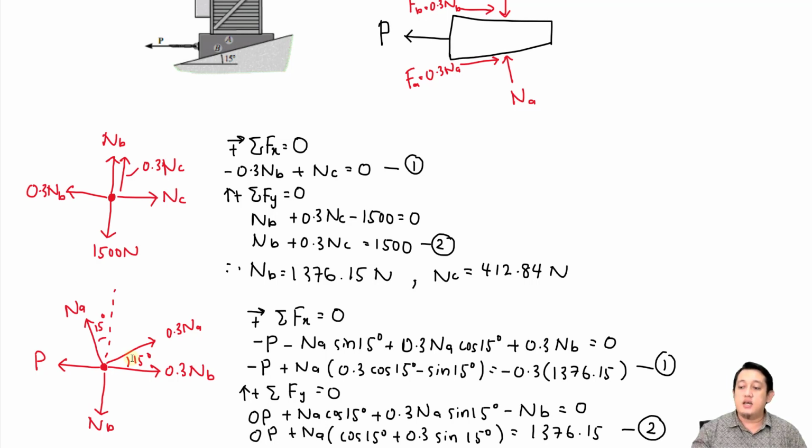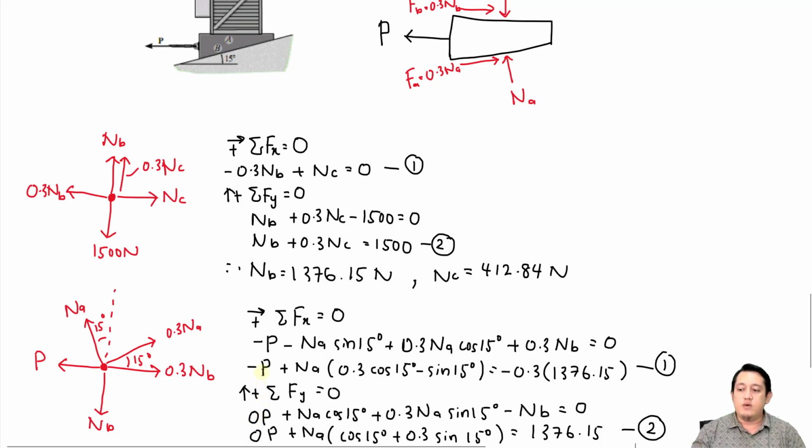Now we've done writing these two equations: total of Fx equals 0 and total of Fy equals 0. For Fx equals 0, we have negative P. But for Fy equals 0, we don't have the value of P, which is why I put 0P here.